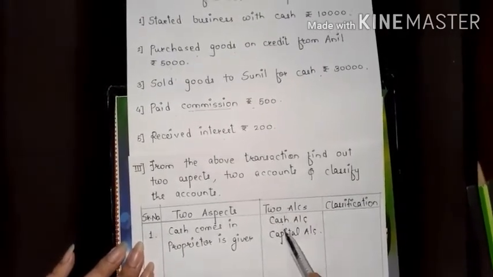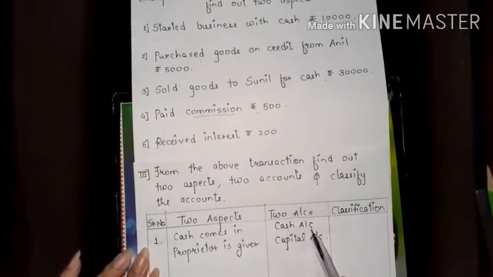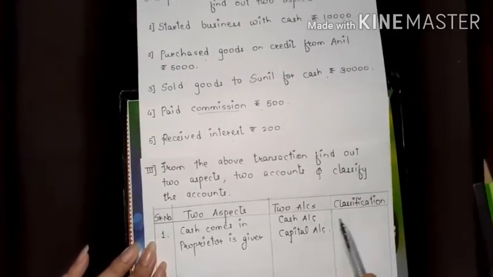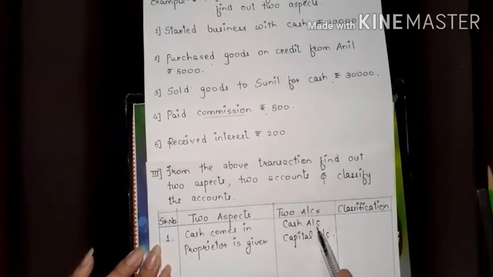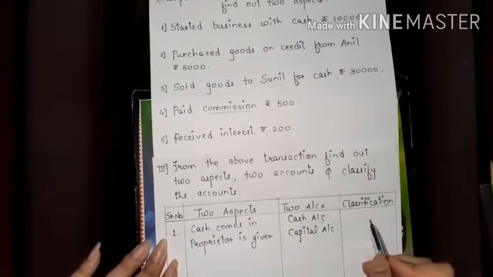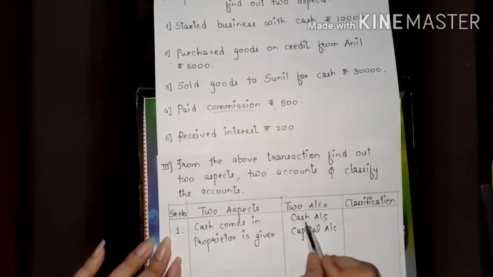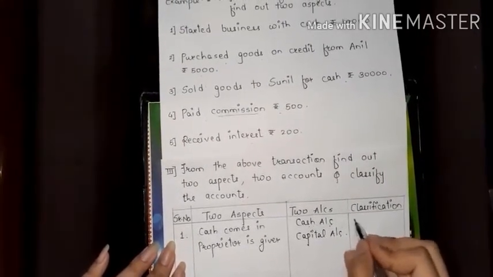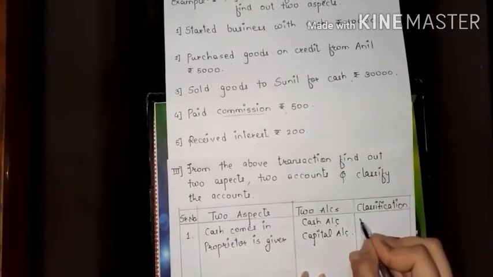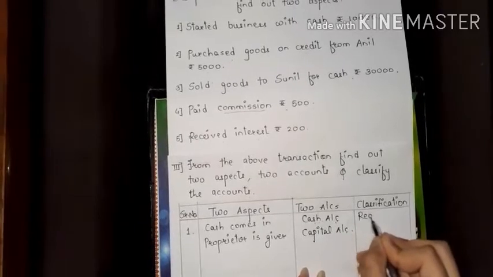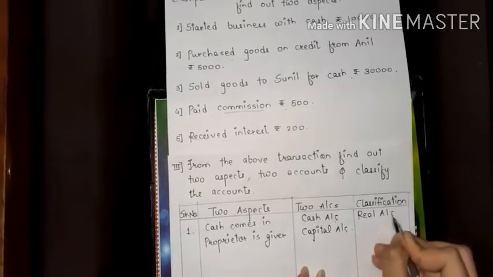So the rule for assets, that is real account, cash is our real account. Now what is the rule? Debit what comes in and credit what goes out. So we have received cash. So how the rule will be applied? Debit what comes in. It is the rule of real account.